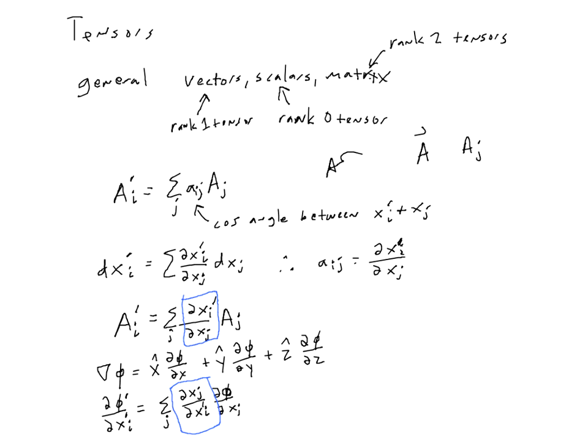So since the transformation matrices are different, that leads us to say that the vectors are different somehow, right? And so this first one is something we're going to define as a contravariant vector.